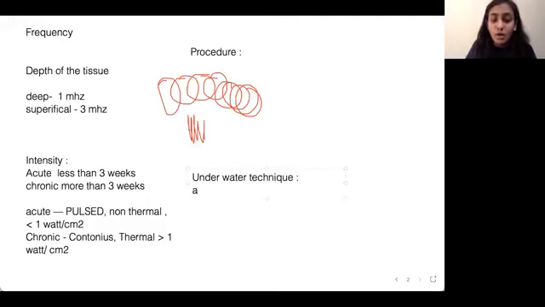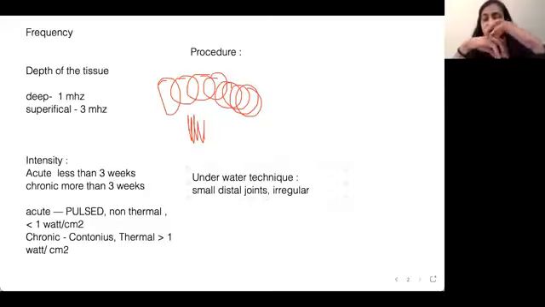Whenever you have small distal joints that are irregular, such as the ankle, the wrist, or the MCPs. Is it easy to just dip them in water? Yes. So whenever you have small distal joints that are irregular in shape, we use the underwater technique.